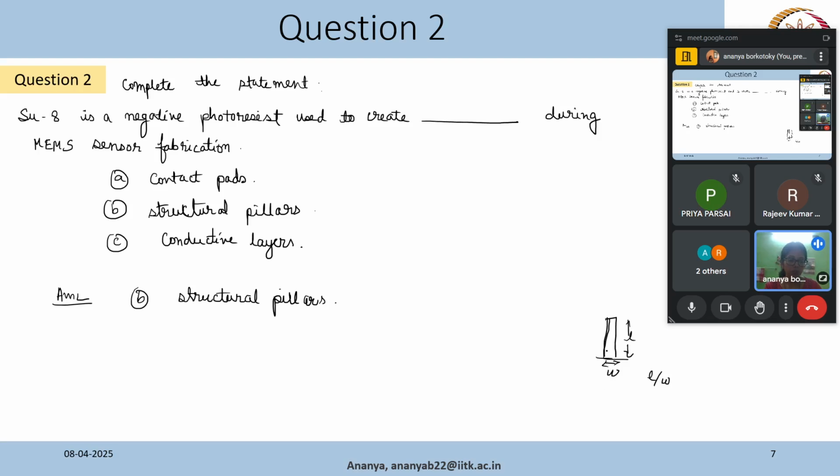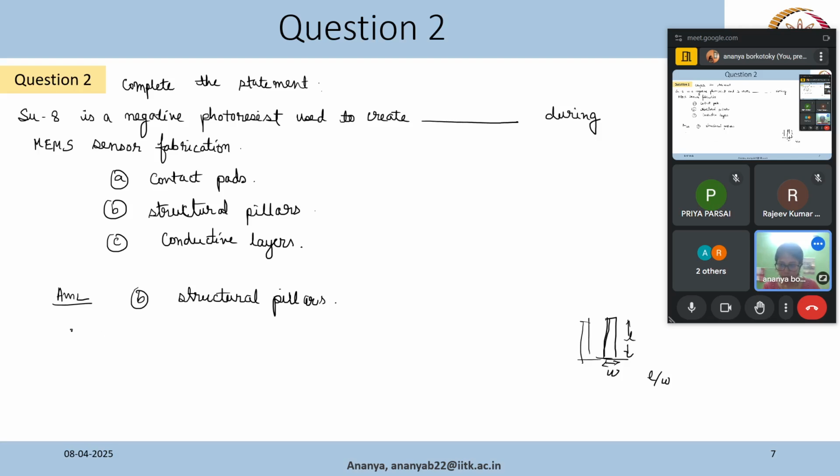When we want a high aspect ratio structure, sometimes consecutive pillars may topple on top of another. Those pillars will not stand exactly vertically; they may bend a little bit. In certain cases we don't want that. So using SU8 we can make this kind of structure very easily, and that is why we use it. Of course it is transparent, which is another advantage, and it's biocompatible as well.